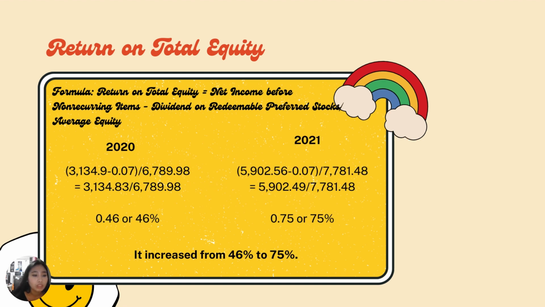So, dito muna tayo sa 2020. Pinag-minus muna natin yung net income before non-recurring items, tapos yung dividends.